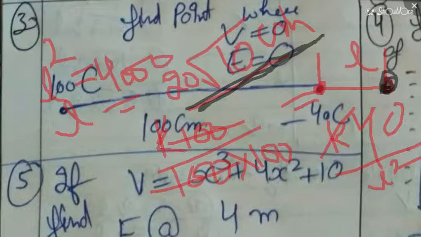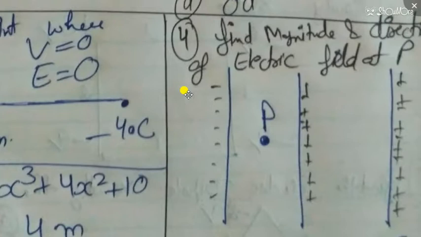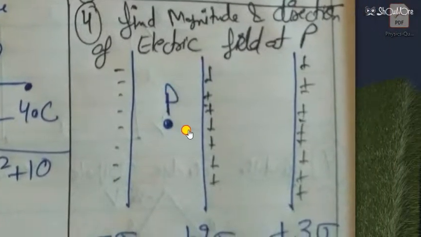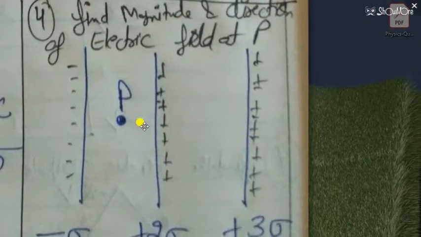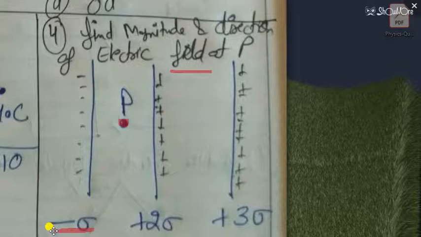Now we are moving to question number 4. In question number 4 we have to find the magnitude and direction of electric field at point P. So point P is lying here. Due to this negative sheet, the electric field will be in this direction.